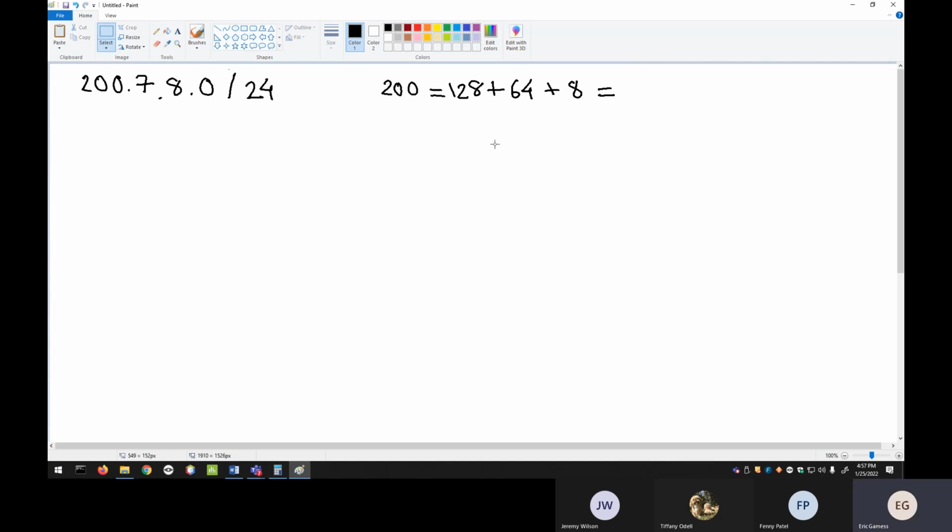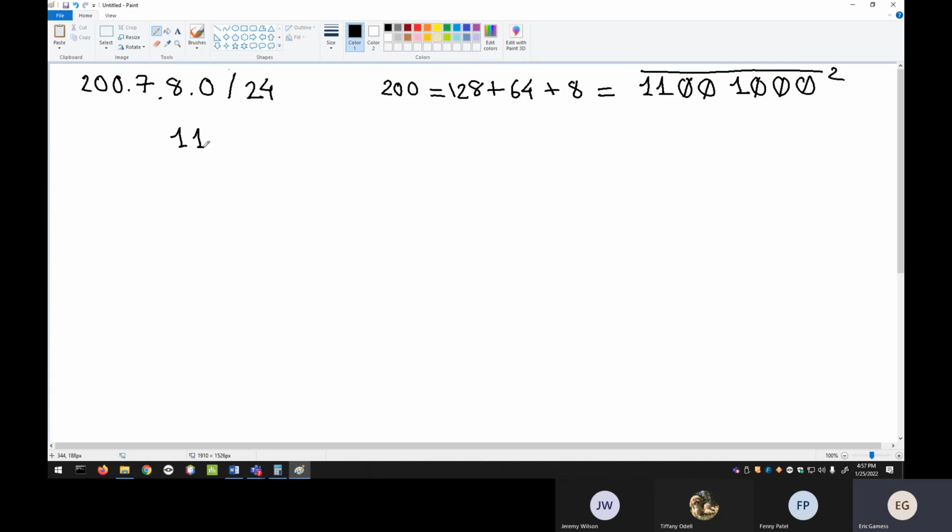So if I put it in binary, 128 is there, 64 is there, 32 is not there, 16 is not there, 8 is there, 4 is not there, 2 is not there, 1 is not there. So it will be C8 in binary. Okay, this is 200. So let me put this IP address in binary.